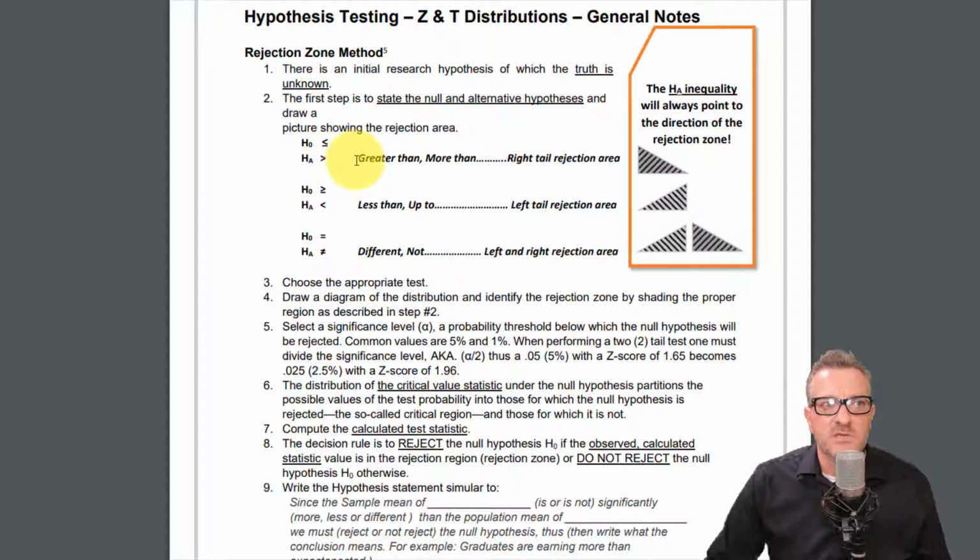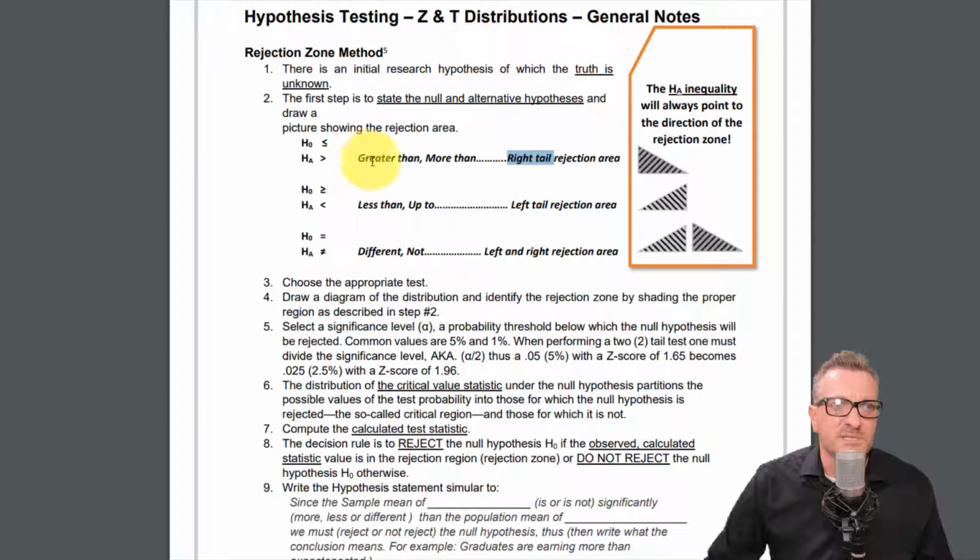And then, depending upon the way that the wording is, if we see greater than, more than, then we usually end up with the right rejection area. It's usually in this tail right here.